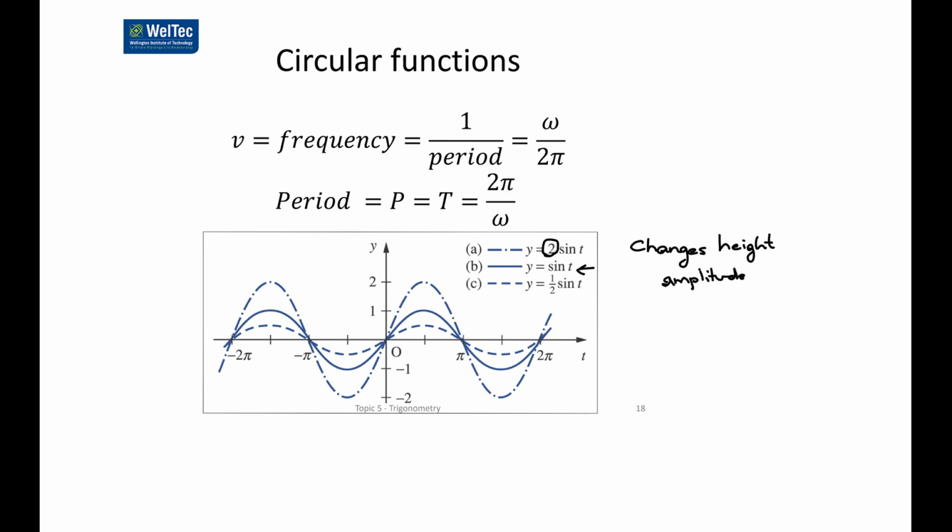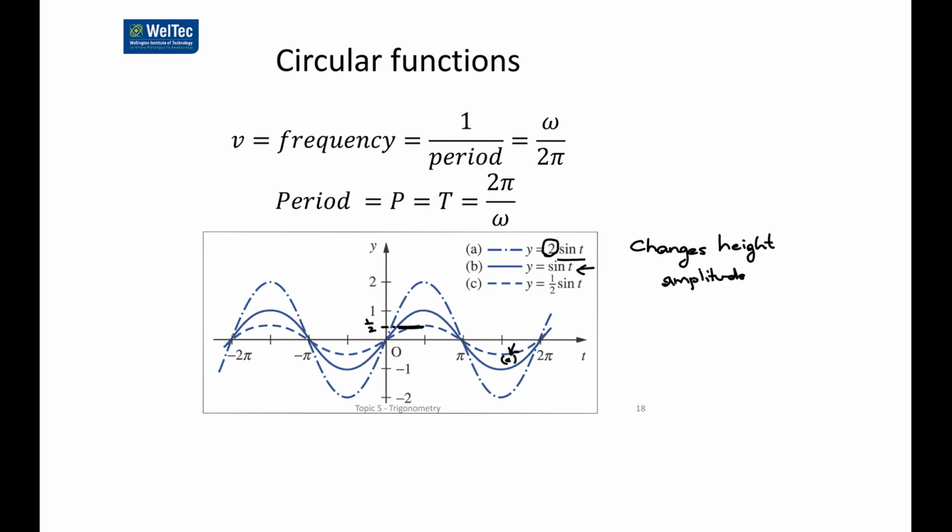So it's still going around sine t, it's still the same period, so it's still got the period of 2 pi, but now it's got an amplitude of 2. Similarly for C, graph C is the dashed one here. It only has an amplitude of 1/2, so if you look at that, it only goes up to 1/2 and down to negative 1/2.